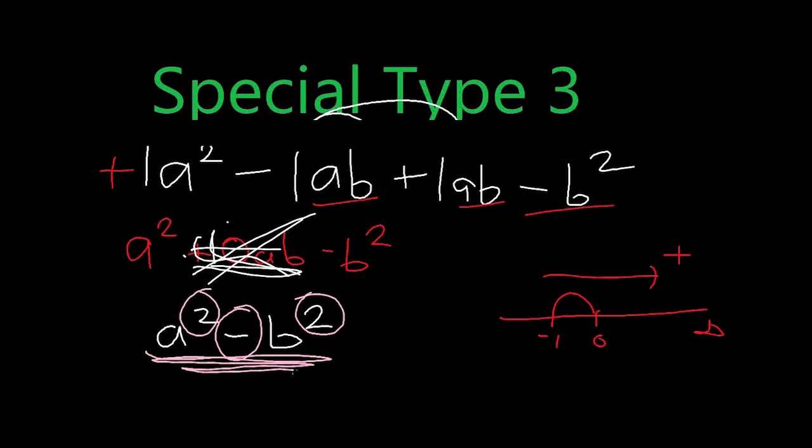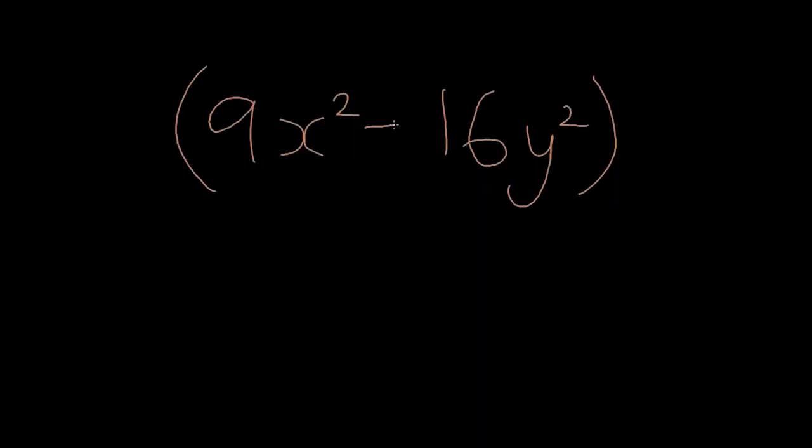So the same works in reverse. If we see something that is a difference of two squares, we know that we can rewrite it in its form like this: a plus b, a minus b. Just to show you what I mean, if we notice that we have a square here and a square here that is being differenced, then we can rewrite it in its form. So what is this squared?